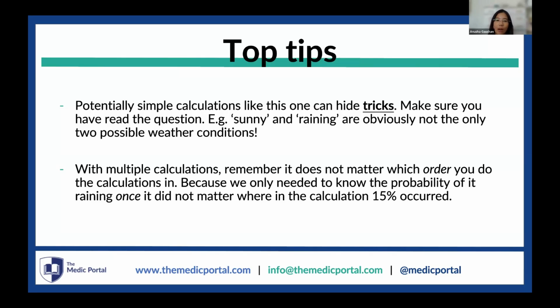It could be cloudy or some other possibilities that we don't know about. So you need to be aware of these tricks and not fall into the trap of just getting a probability of sunny instead of not raining, for example. And thinking about calculations, it doesn't really matter what order you do it in, because we just needed to know the probability of it raining once.